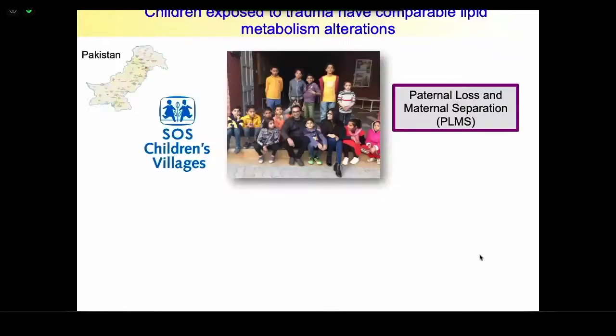Now, is this relevant at all for trauma? To answer this question, we collected a cohort of children who have been exposed to trauma. For this, it's Ali Javaid, who used to be a PhD student in my lab and left a couple of months ago to have his own lab.